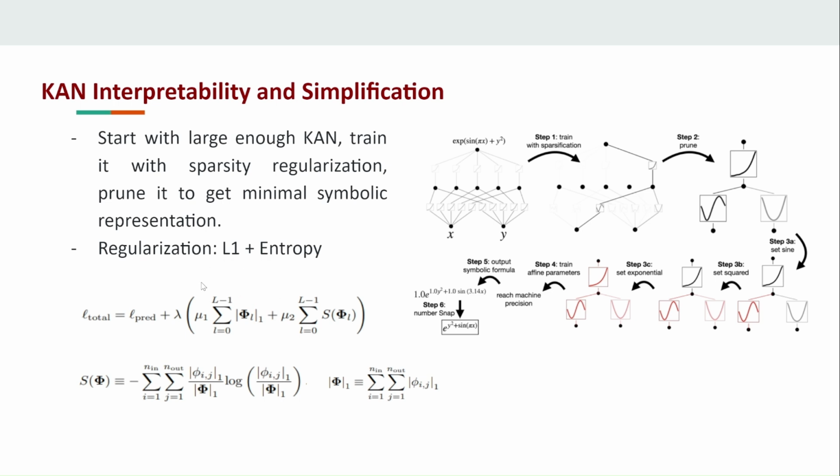So this is the L1 regularization term, which is this, and then we have the entropy regularization term across all layers, which is this. And then the model is first trained with regularization, and then based on transparency we see which is most significant, and then we prune the model based on significance of feature.